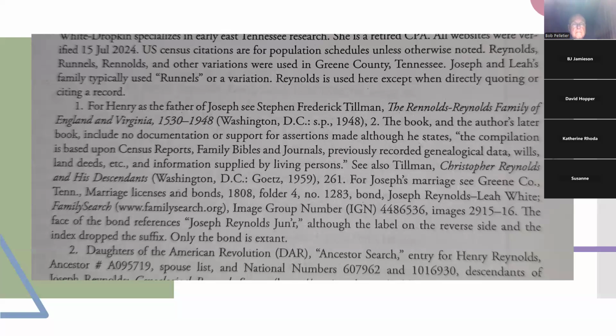Who has the family Bible and journals? What do they mean by previously recorded genealogical data? What wills and deeds? Who were the living people? Were they people who were alive when these people were alive or not? There's no way to know. So that's something to keep in mind.